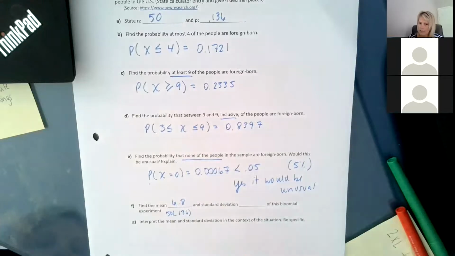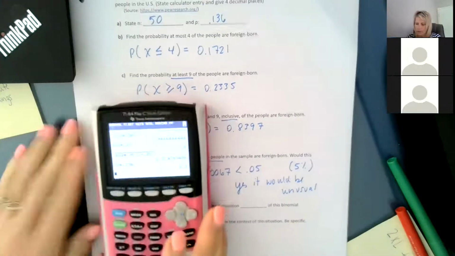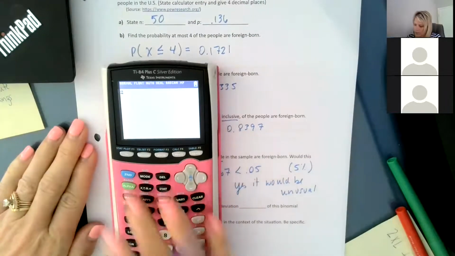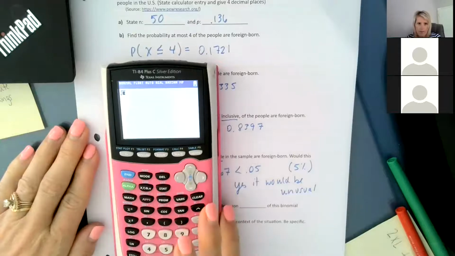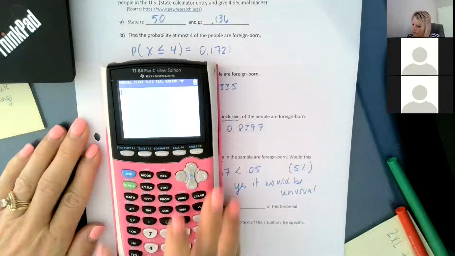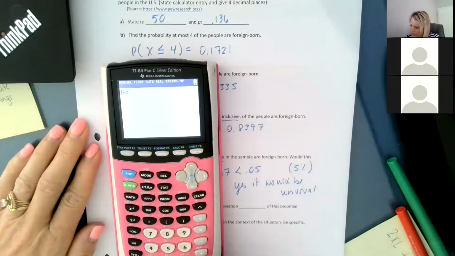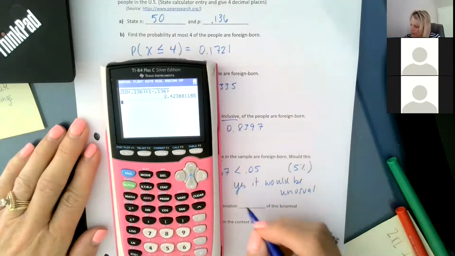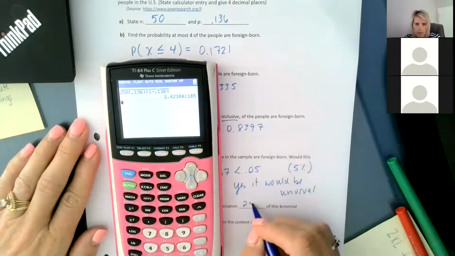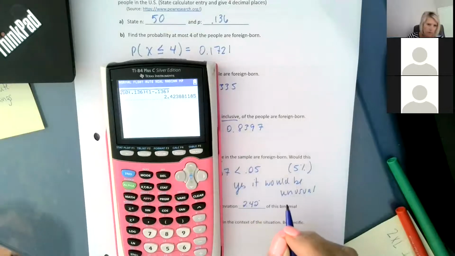And then the standard deviation is that square root again. So we're going to do the square root of n, which was 50, times 0.136, parentheses 1 minus 0.136. And so our standard deviation is 2.42. Again, we get that 2.42.